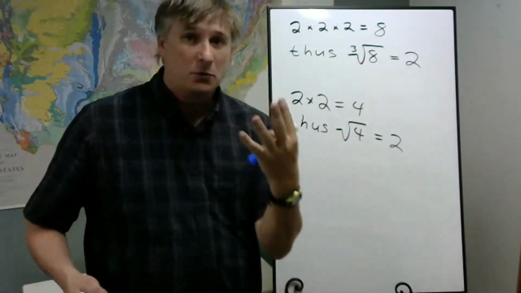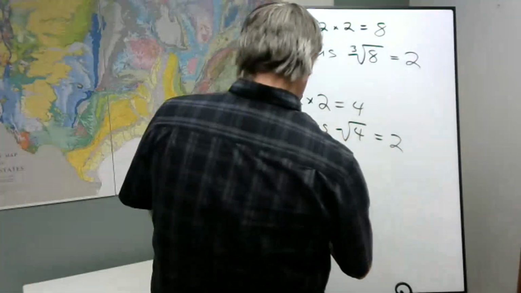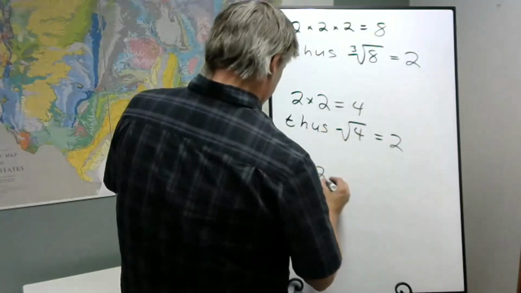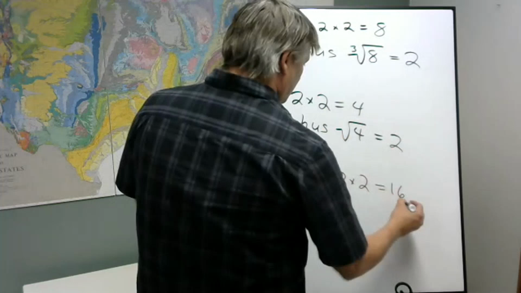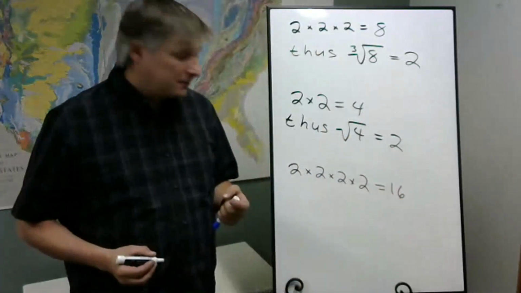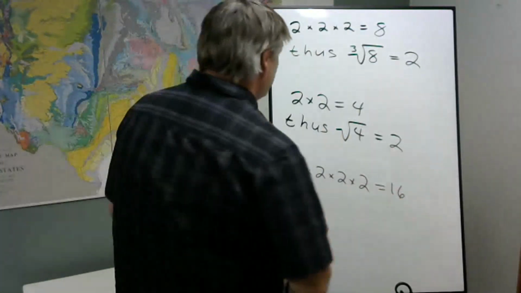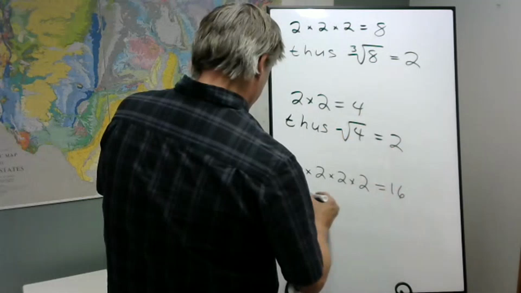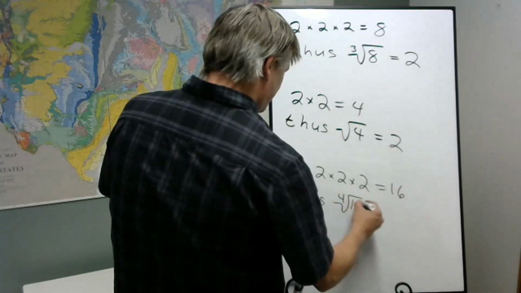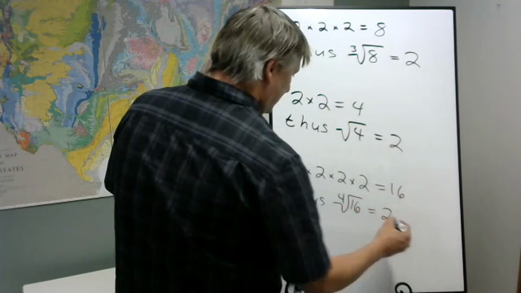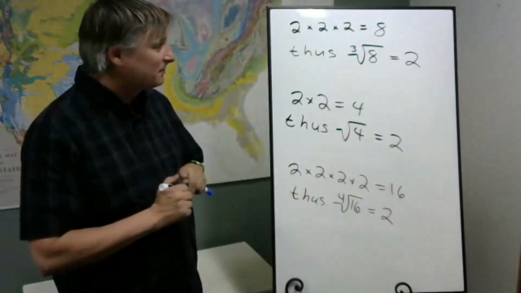Now, what if we have 4 2's? Well, 4 2's give you 16. So that means the 4th root of 16 is equal to 2.